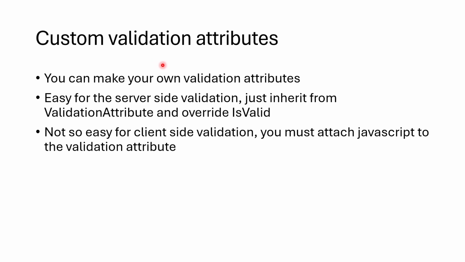It's easy to make your own validation attributes. What you need to do is inherit from validation attribute and override the IsValid method. That works for server-side validation. It's not very easy to do the same for client-side validation, because you must attach your JavaScript to the validation attribute, and this is a somewhat complex procedure.